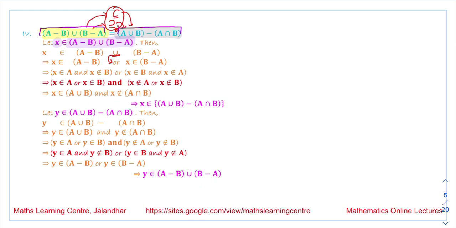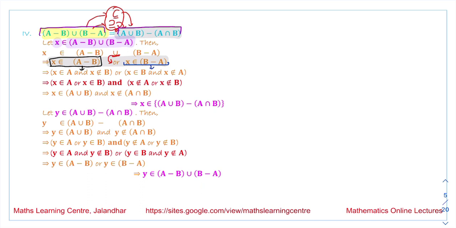So what we get is that X belongs to A minus B or X belongs to B minus A. Now what is the definition of X belongs to A minus B? The definition is that X belongs to A and X does not belong to B. And the definition for X belongs to B minus A is that X belongs to B and X does not belong to A.